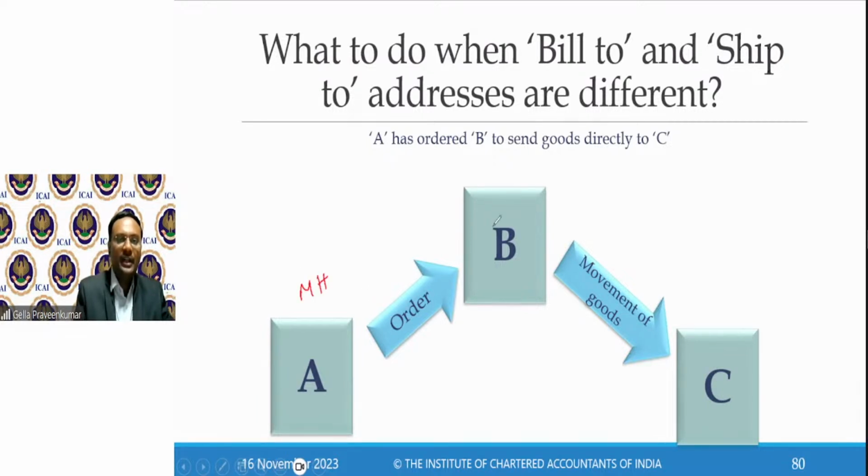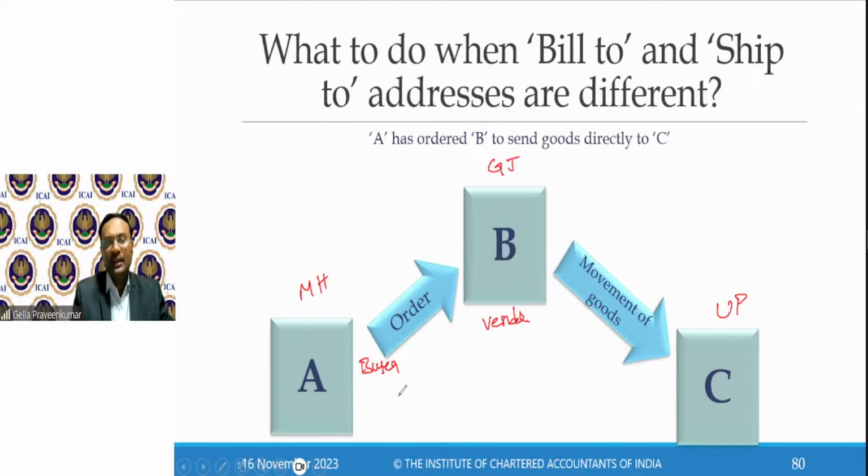He places an order to his supplier, vendor Mr. B, who is in Gujarat, for giving delivery of goods, movement of goods to Mr. C, who is in Uttar Pradesh. Here, A is the buyer who orders this vendor, Mr. B, saying that please give the delivery to Mr. C, who is there in UP.